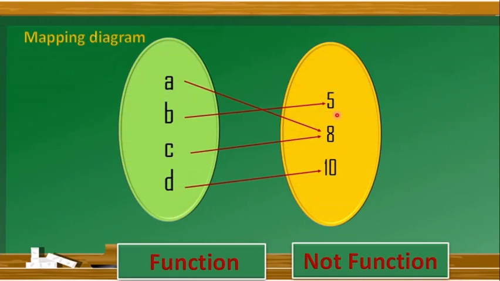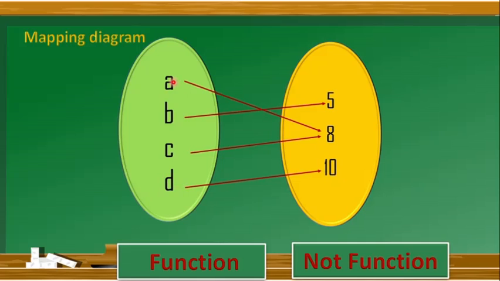Then mapping diagram. The next example for mapping diagram is this one. So let us inspect. A is associated to 8, B is associated to 5, C is to 8, D is to 10. For B, there is no question. B is associated to only one value of y, and D is also associated to only one value of y.